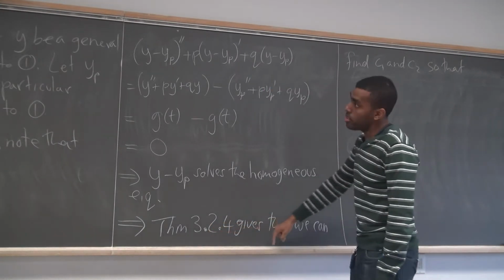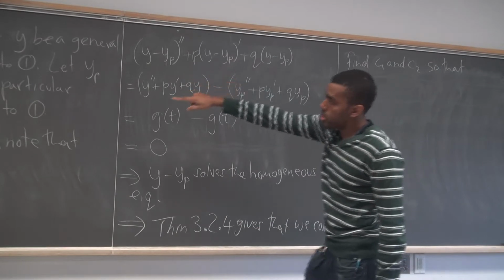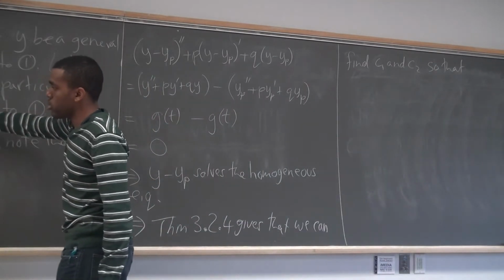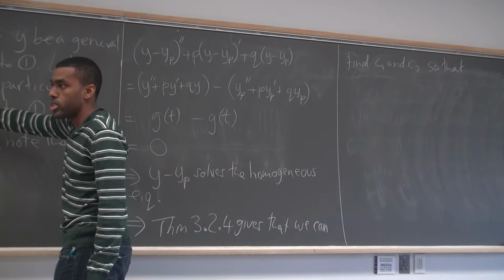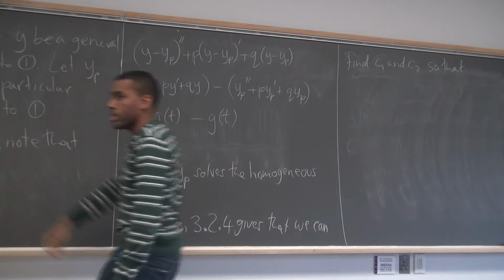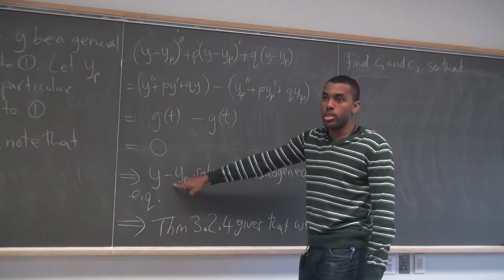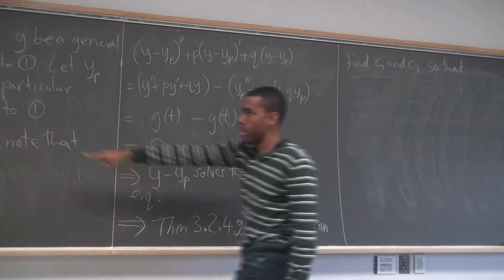It is a theorem that said if we have the solution to the homogeneous equation, every solution to the homogeneous equation can be written in this form, right? This is a solution to the homogeneous equation. It means that I can write it in that form.